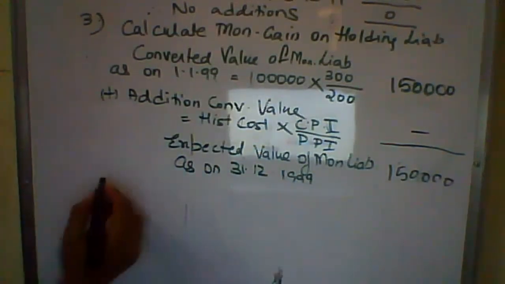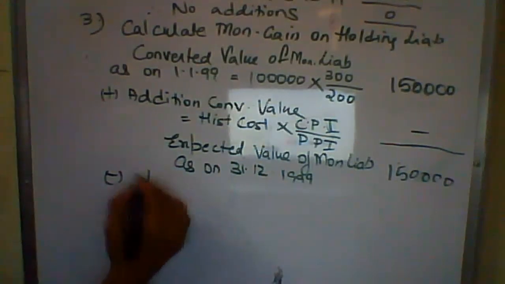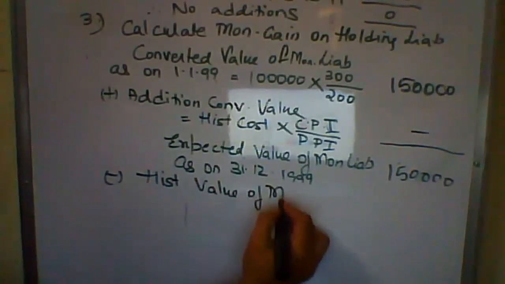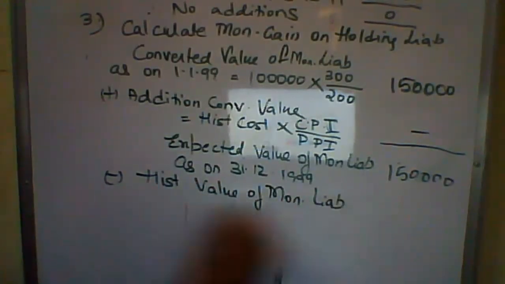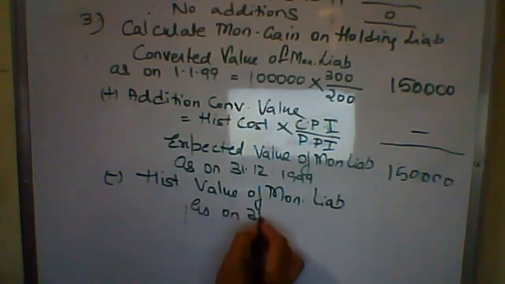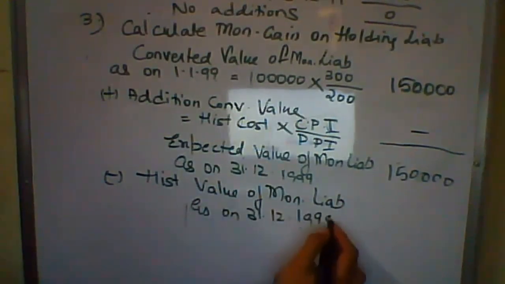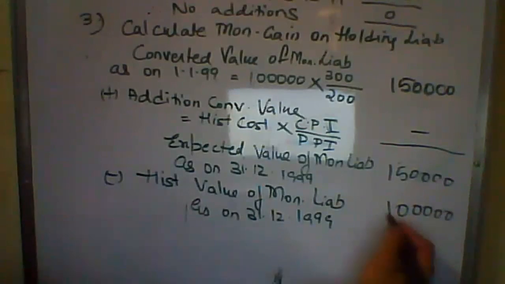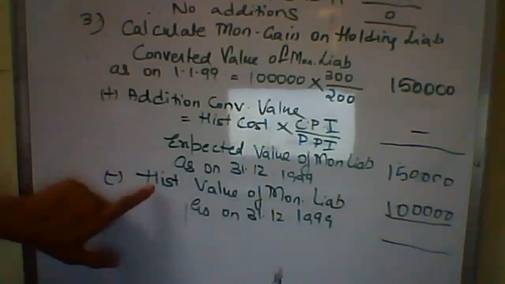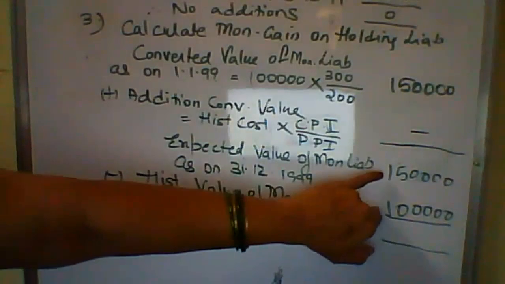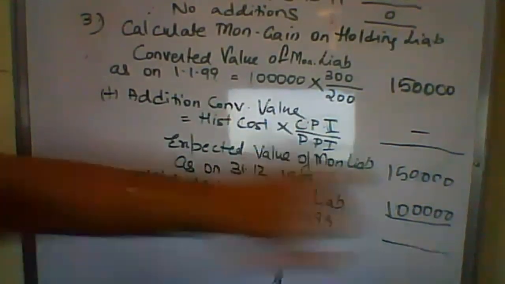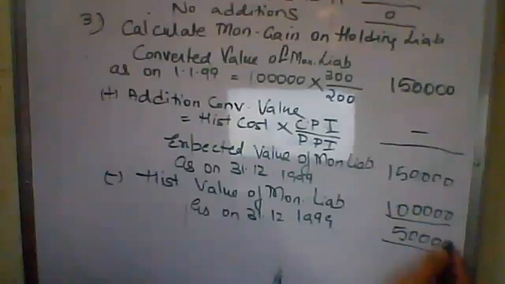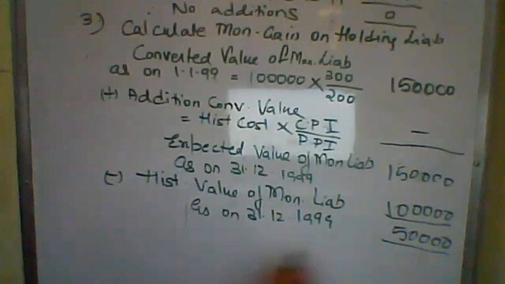But when I'm checking my historical values, my historical value of monetary liability as on 31st December 1999 says I have only 1 lakh. It means what's happening? I have to pay 1 lakh only. But according to the converted value, how much should I pay? 1,50,000. So I'm getting a gain. How much is the gain? I'm getting a gain of 50,000.